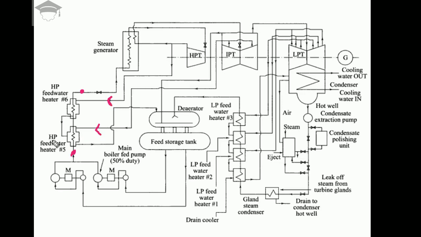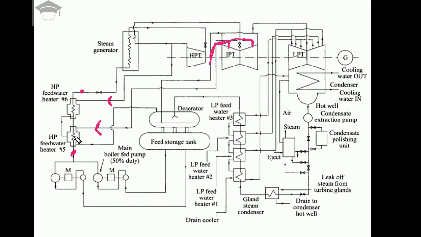For the high pressure feed water heater, this line comes from the intermediate pressure turbine exit. We have 2 intermediate pressure turbines, so from both the exits we have a common line that comes out, having more heat.